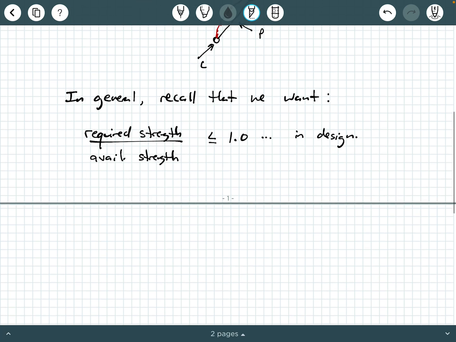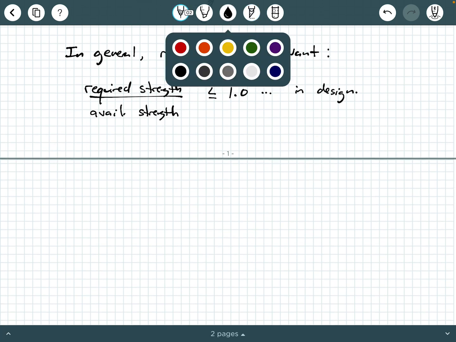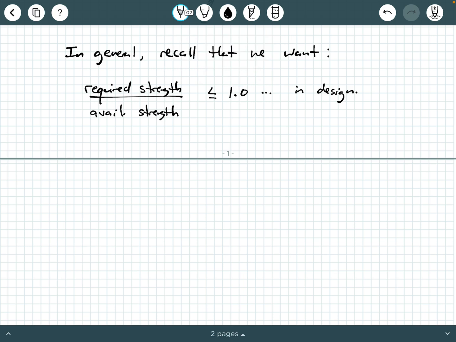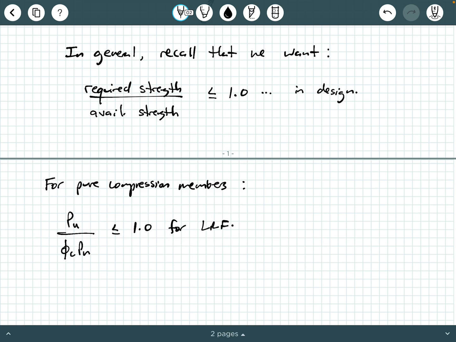Let's give a quick general review of some prerequisite material. For pure compression members, like columns, we generally have dealt with Pu over phi C Pn being less than or equal to 1.0 for LRFD.